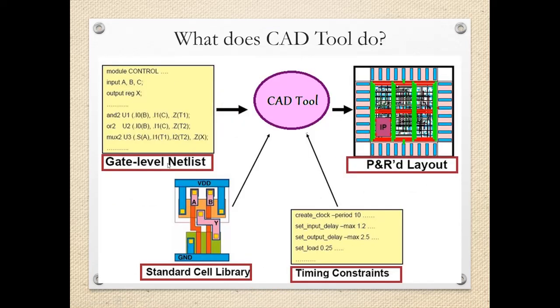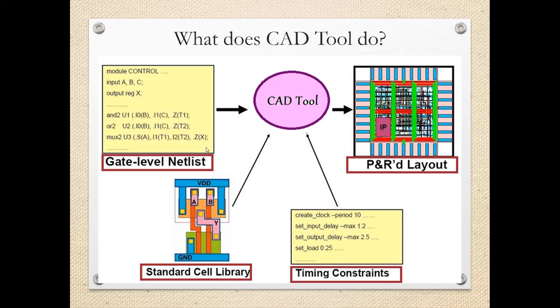Now in this gate level netlist we can do the design entry. The design entry to the CAD tool can be done in different ways. Like we may enter the design with the help of some VHDL code or a Verilog code, and then we can have the gate level netlist.